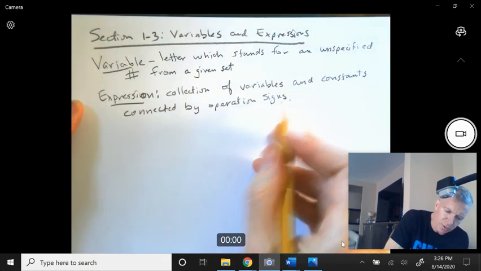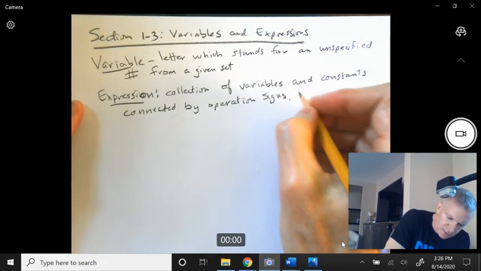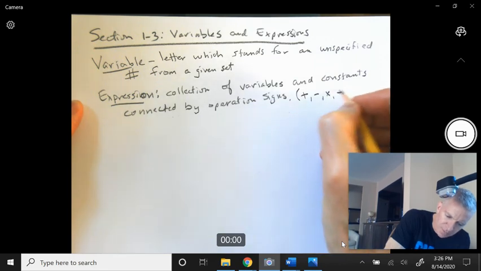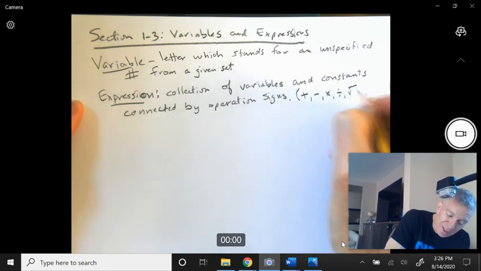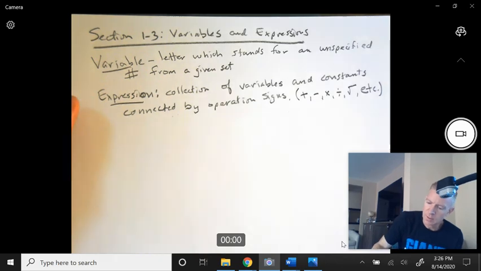Okay, a collection of variables and constants connected by operation signs. And operation signs are things like plus, minus, multiply, divide, could be square root, could be an exponent, could be anything else. Okay, so we'll just leave that open. And we'll come back to that in a minute.